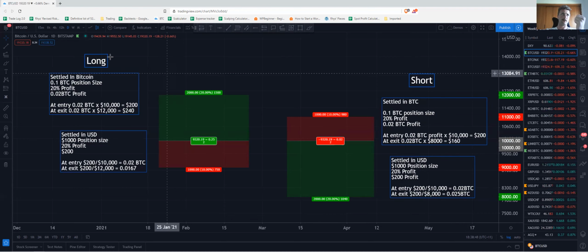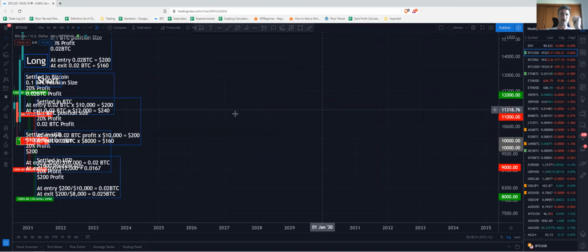Now, a really good example of this is the recent monthly close. Let's just say that for the month of November, I had exclusively traded in Bitcoin settled contracts because I was long on Bitcoin. And let's just say that I made a Bitcoin.